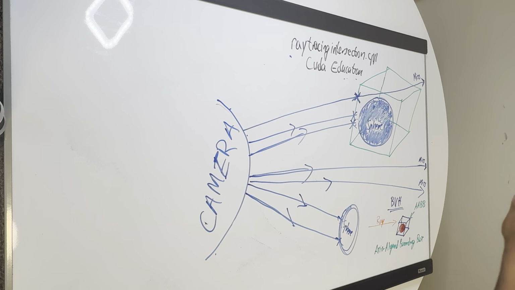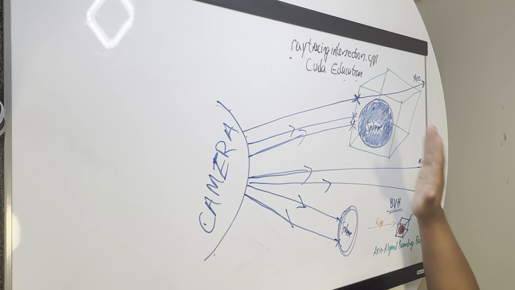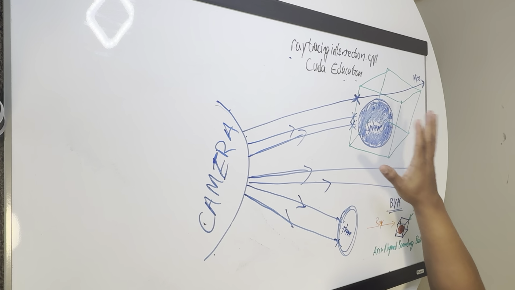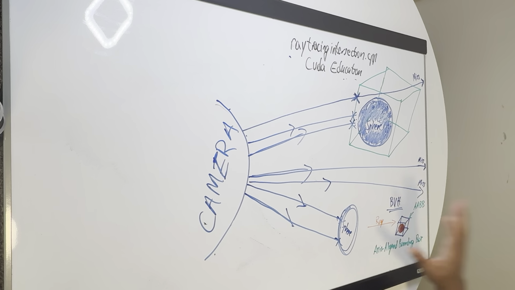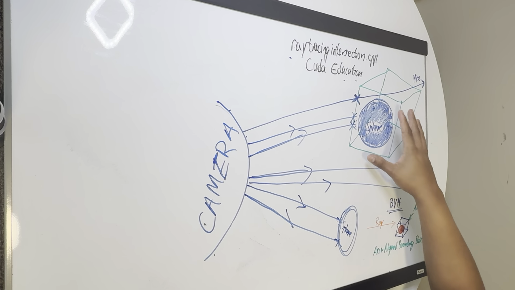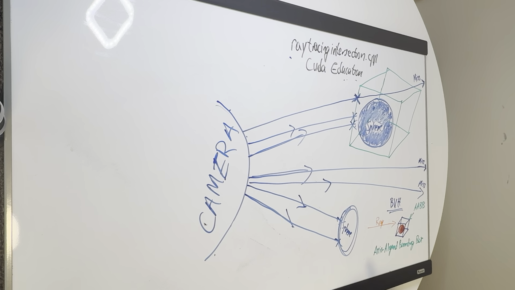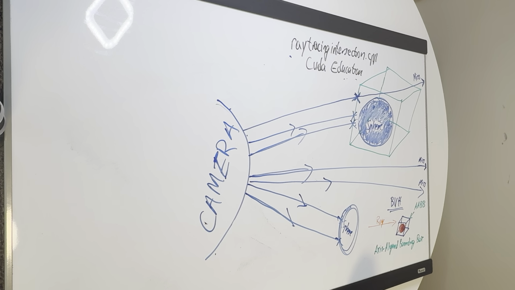Now for the missed rays, easy to deal with. We have to now deal with the rays that are hitting the axis aligned bounding box. So what is the purpose of the axis aligned bounding box? The purpose is to decide whether we need to test if those particular rays hit the sphere or not.